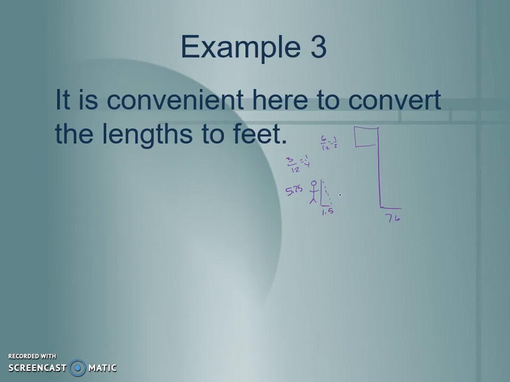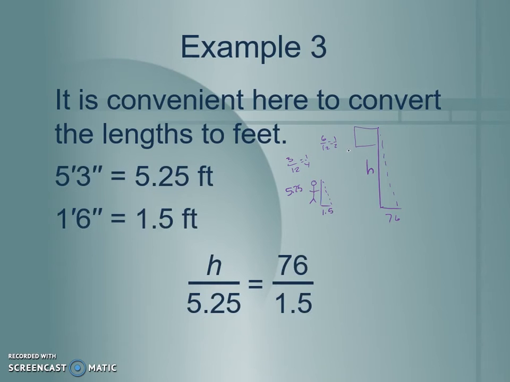And essentially what we're making here is a triangle. And they happen to be similar triangles. So once we've drawn the picture, now we can go ahead and solve for what is the height of the flagpole. And there's the information they just gave us. So here's our equation. We have h over 5.25.